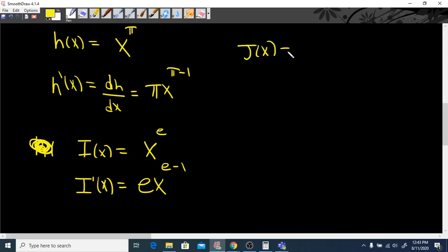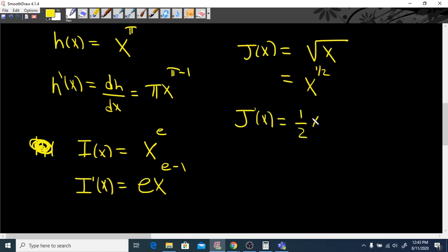j of x. Let's say j of x is the square root of x. This was a little tricky, but not really. We should be okay with the idea that square root is the same thing as the 1/2 power. So if we take the derivative, the 1/2 comes down, x to the, and then 1/2 minus 1, which is like 1/2 minus 2/2. 1/2 x to the negative 1/2.